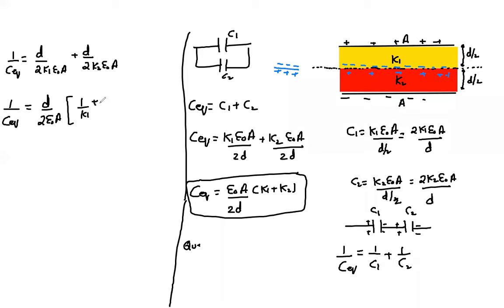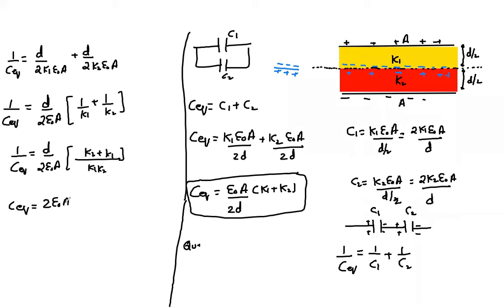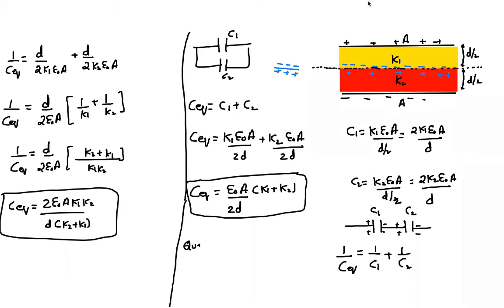It's 1 by K1 plus 1 by K2. Here the LCM is K1 K2. So your C equivalent is 2 epsilon naught A K1 K2 by d into (K1 plus K2) in the denominator. This is how we calculate C equivalent for the series combination.